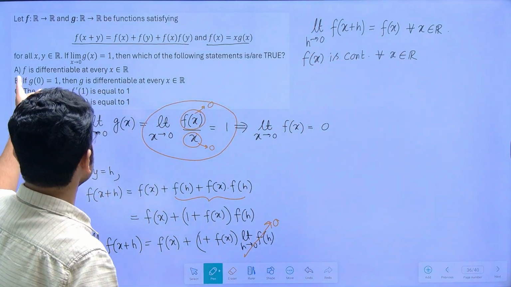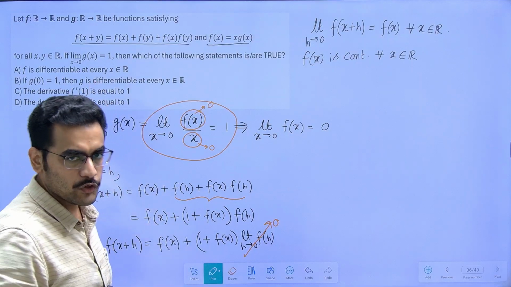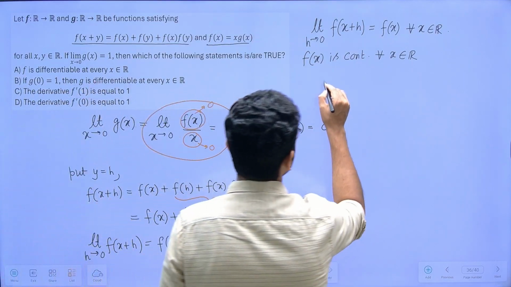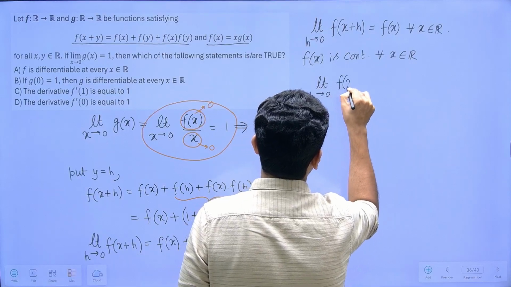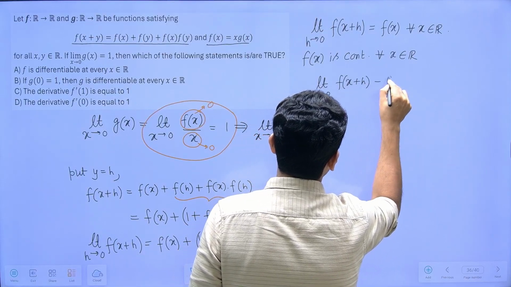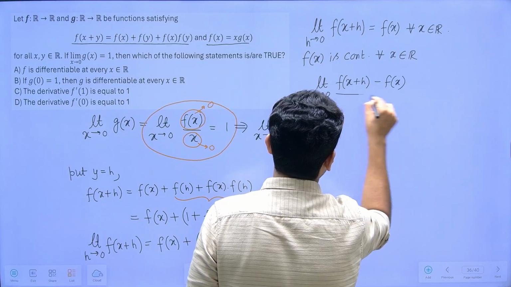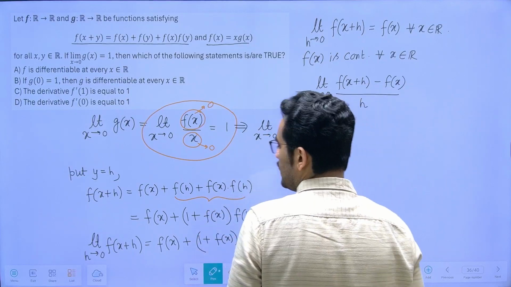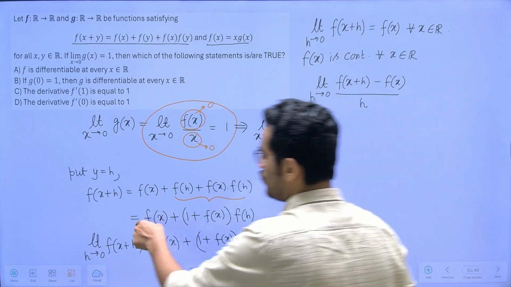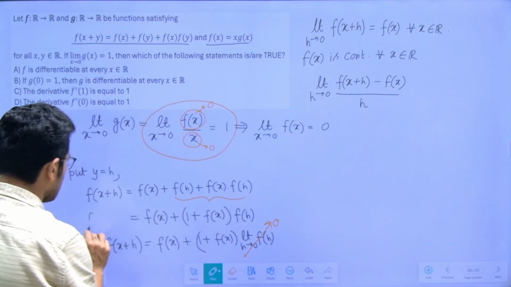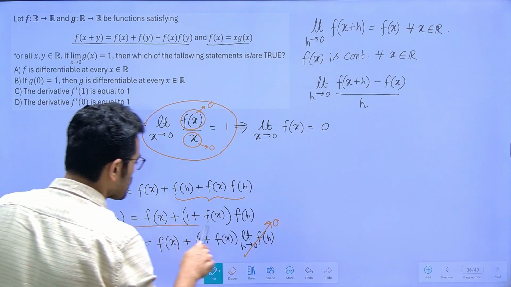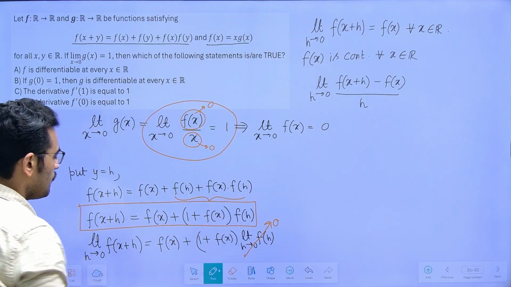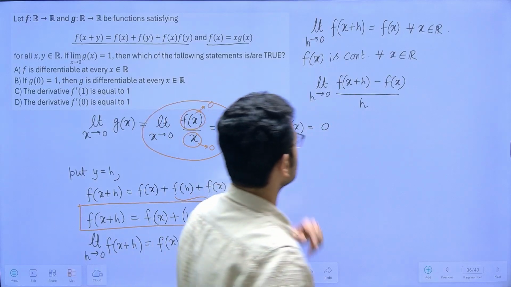Now the first option says f(x) is differentiable for all x belongs to R. So let us test for differentiability. Let us find out limit h tends to 0, f(x+h) minus f(x) divided by h. What is this limiting value? From the functional equation, let us substitute this value.